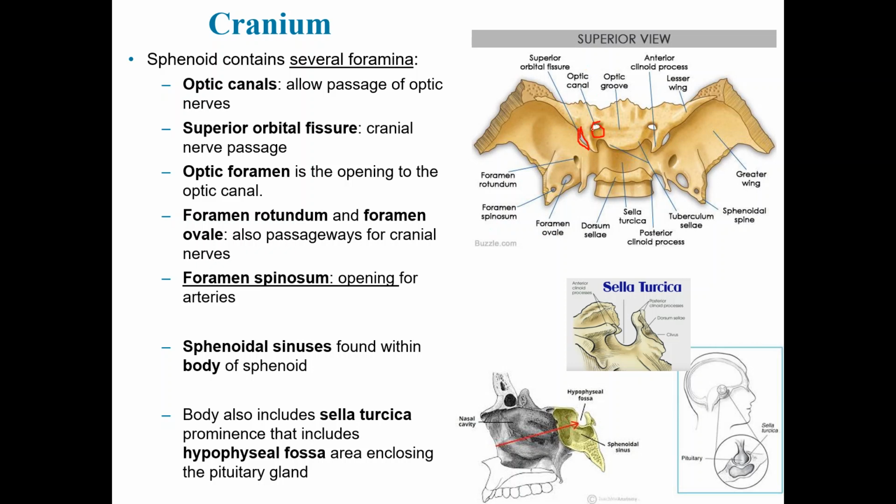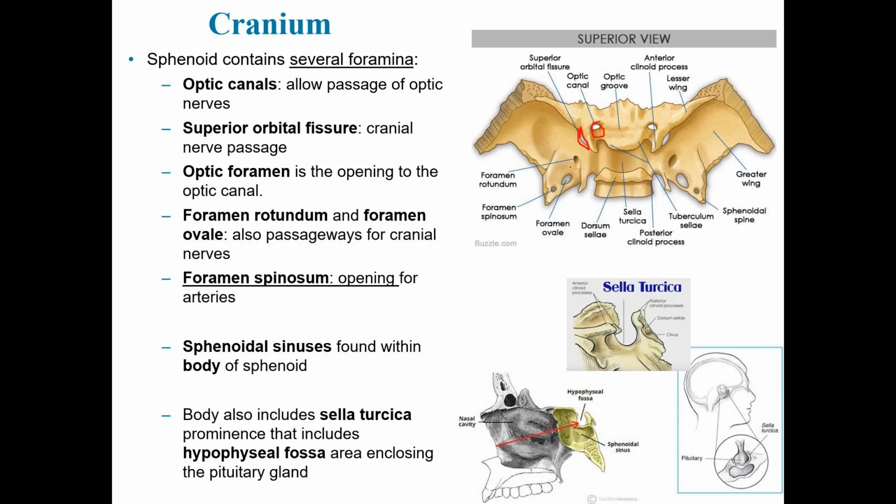And optic canal here, many times you will see that you will call it foramen. Okay, so this is the canal. It is the foramen, and it opens up into the canal. So in this picture it's just calling it canal, but you could have another picture where it calls it foramen because it's actually indicating the opening of that canal.